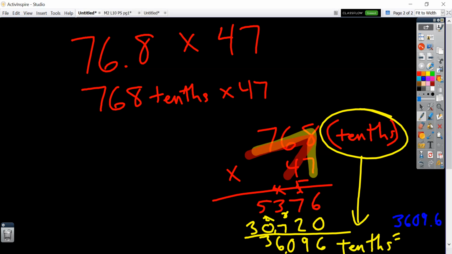So the answer to this math problem, which is scary when we look at it like this, becomes simply something that we know how to do with unit form. We just have to remember how to decompose our units so that we can get the answer. All right, 3,609.6.